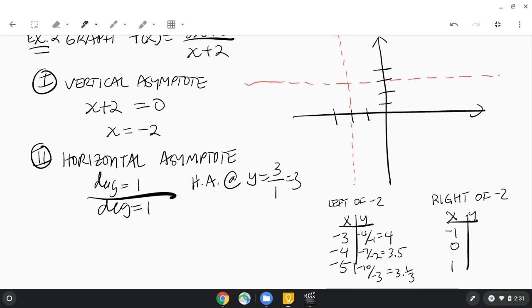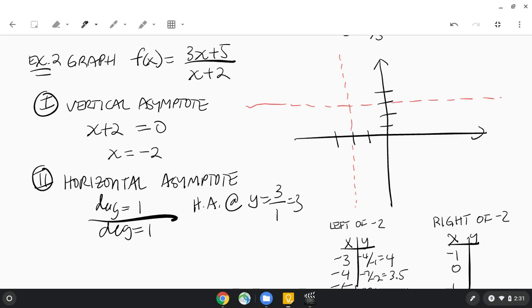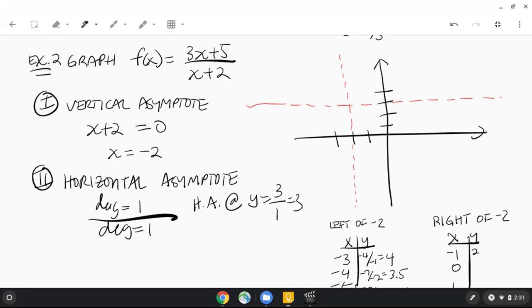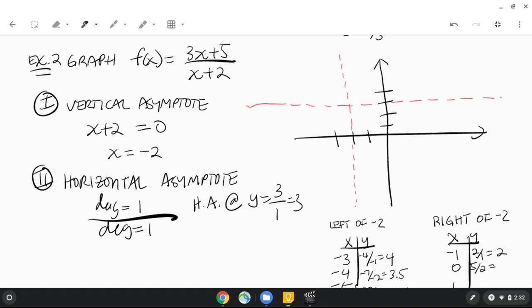Okay. All right, let's do the other table. Can't see my function. All right. -3 plus 5 is 2 over -1 plus 2 is 1. Okay. Plug in 0, we get 5 over 2.